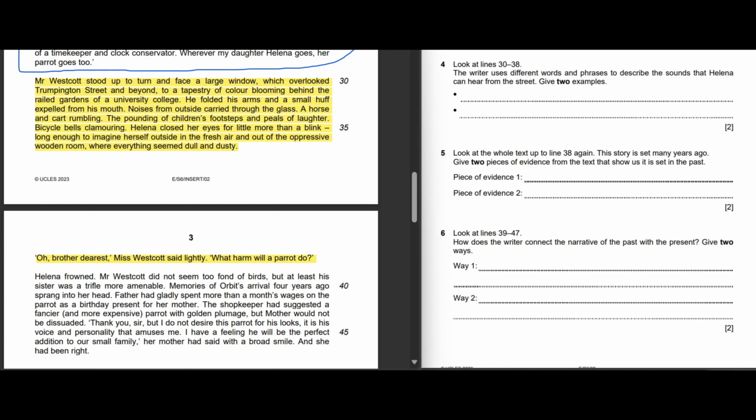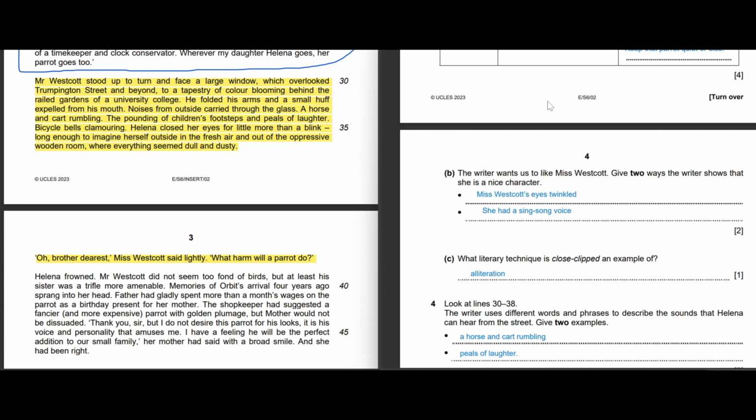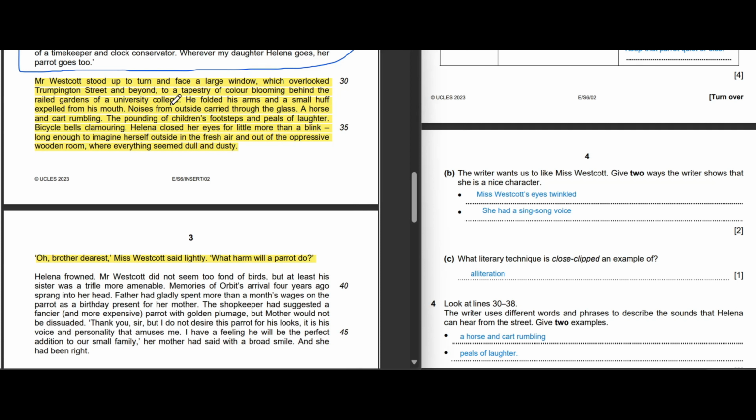Alright, let's open up. If you have not finished, you may pause this video. Okay, now, it's a horse and cart rumbling, peals of laughter. So we can see from here a horse and cart rumbling, peals of laughter.